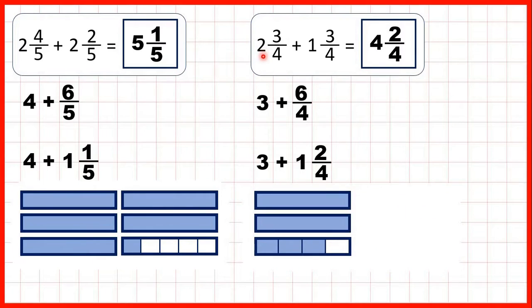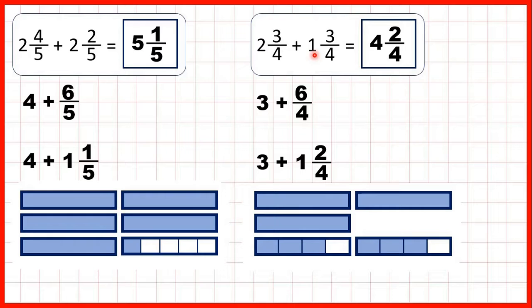Then we had 2 and 3/4, so that's 2 wholes and 3/4, and we were adding 1 and 3/4. When we put the quarters together, we got 6/4, but we knew that we couldn't write 3 and 6/4 as our answer. Instead, we needed to change 4 of those quarters into 1 more whole.